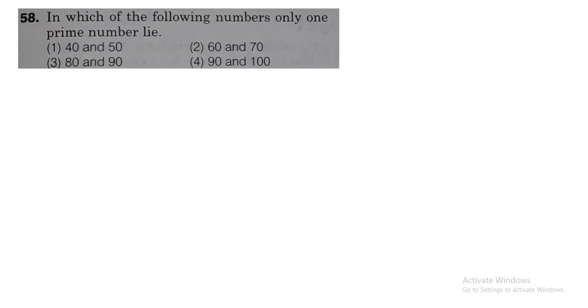Right, next moving on to question number 58. In which of the following numbers does only one prime number lie? Okay, to know this, first of all we need to know the prime numbers. Now let us see what prime numbers we have till 100.